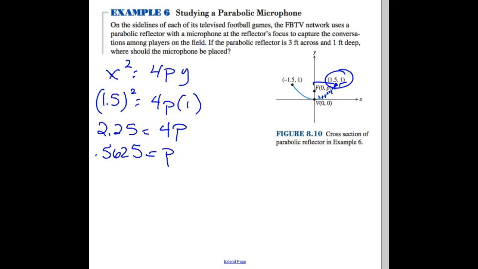So that is telling me that if the top of my reflector is at 1 foot, my focus is really at 0.5625 feet above that vertex. So about halfway up, a little over halfway up. What would that be in inches? What would we do to convert it to inches? Yes, multiply by 12. So take 0.5625, multiply it by 12.